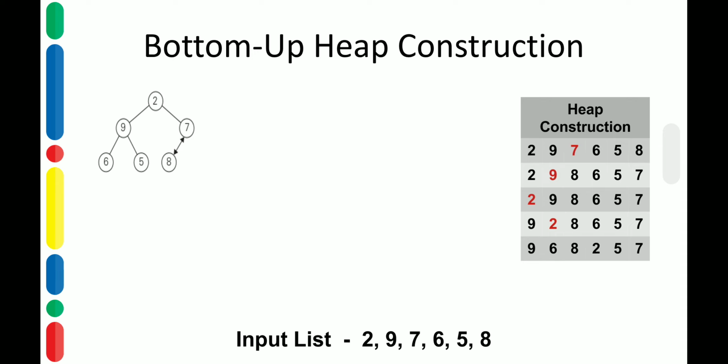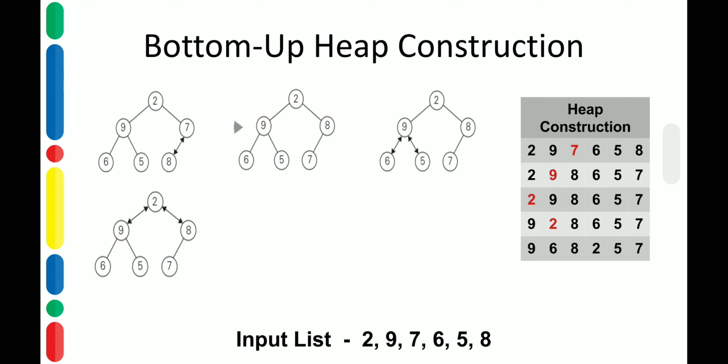So we swap it with 9. That will give us an array 9, 2, 8, 6, 5, 7. All these comparisons are shown, what happens in each stage.